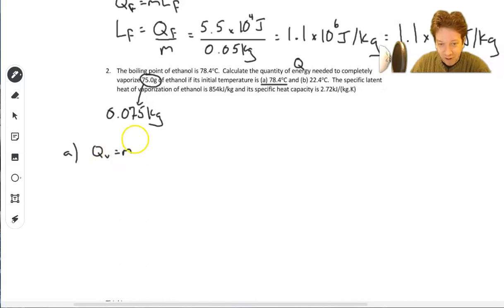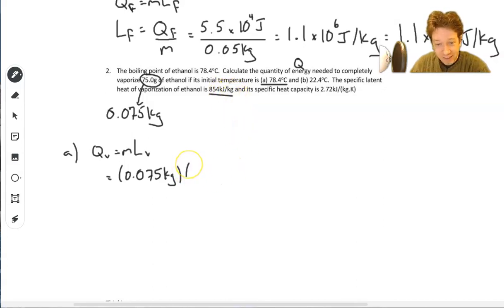Q_V equals m L_V. And the mass is 0.075 kilograms.